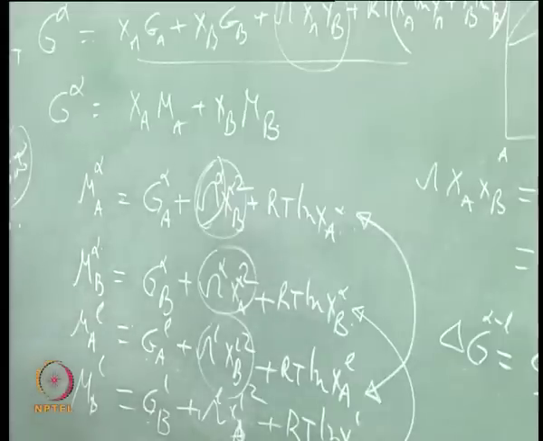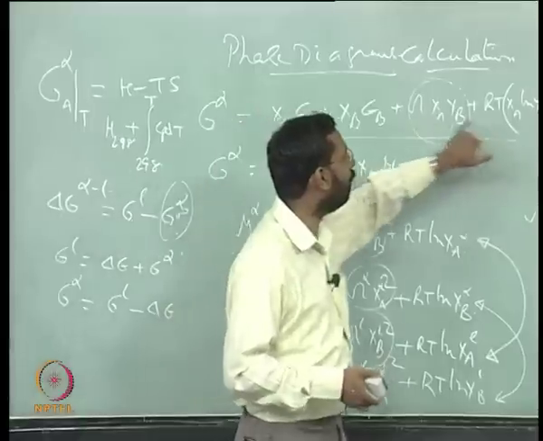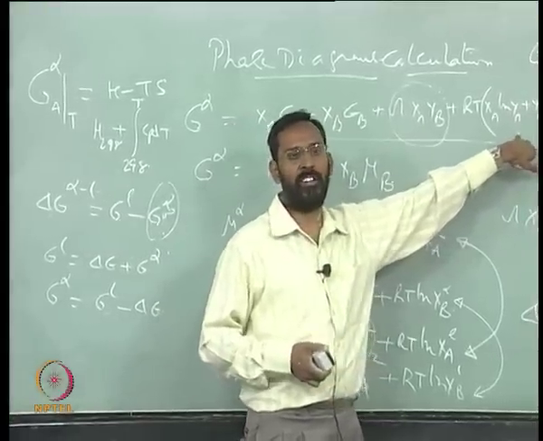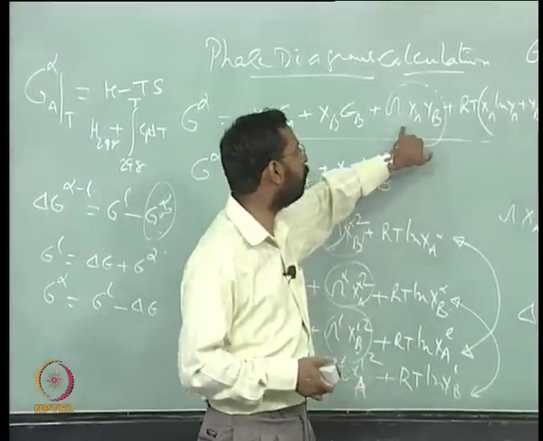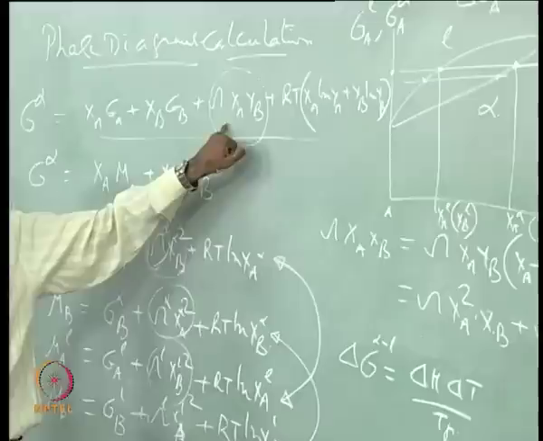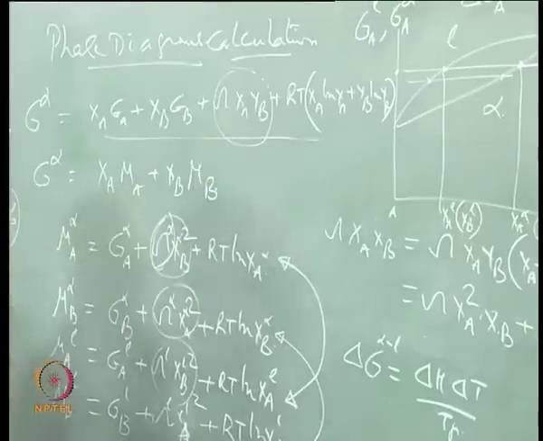There are many, I would say, controversies in this whole thing. If you look at this equation, it is a very interesting equation. The moment you say that it is a regular solution model, what are you saying? A regular solution model is one where A and B have some interaction.